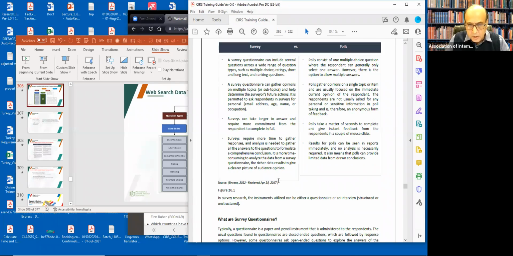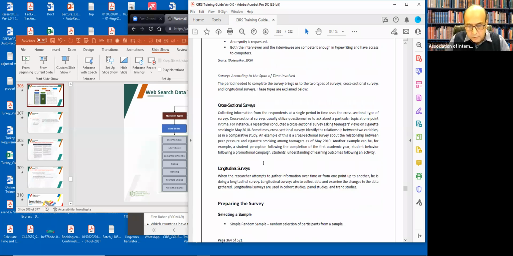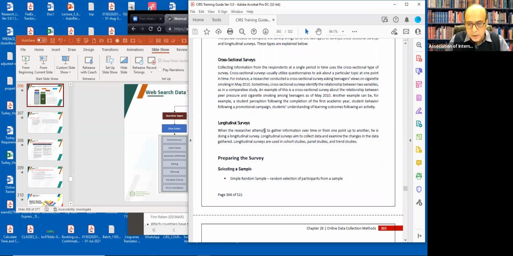So those are cross-sectional, but I want to check the way it is mentioned in the book. Okay, actually it's the opposite. The cross-sectional collects information from respondents at a single period in time. Cross-sectional surveys usually utilize questionnaires to ask about a particular topic at one point in time, versus longitudinal, when the researcher attempts to gather information over time or from one point to another.